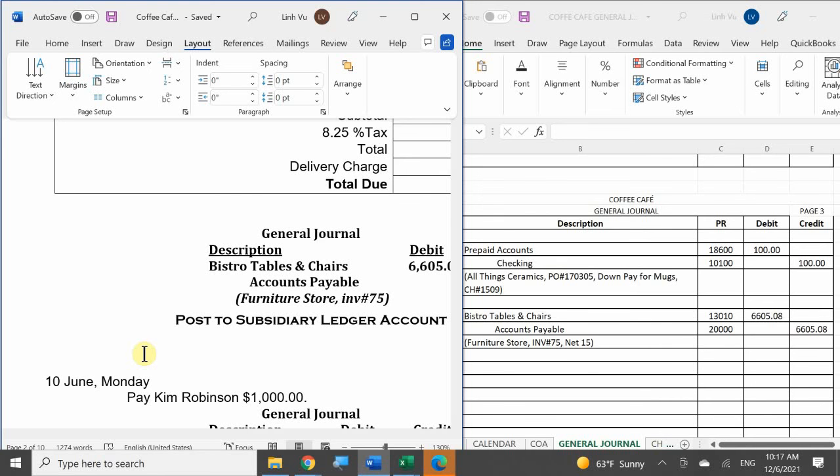Okay? Now, in this case, how do I know how much I actually owe Miss Kim Robinson, and how do I know what my information is regarding this transaction? How do I know?